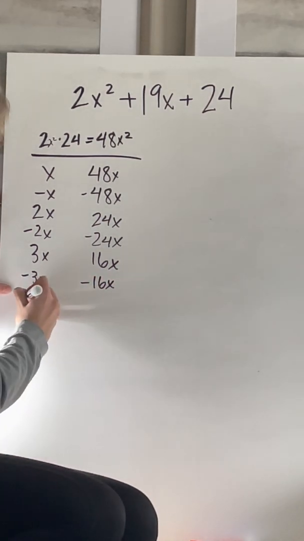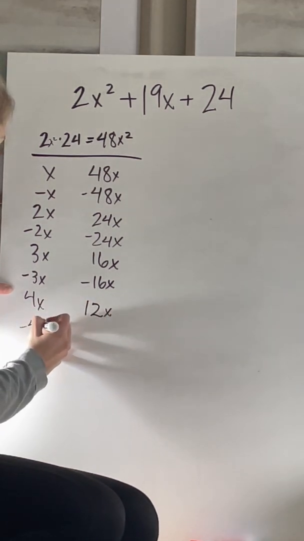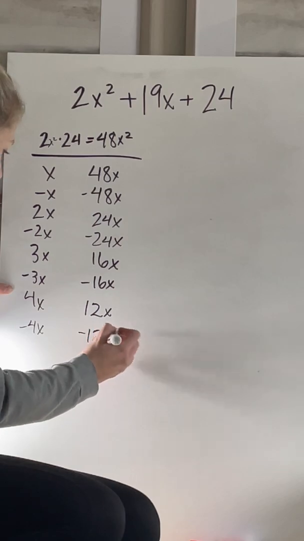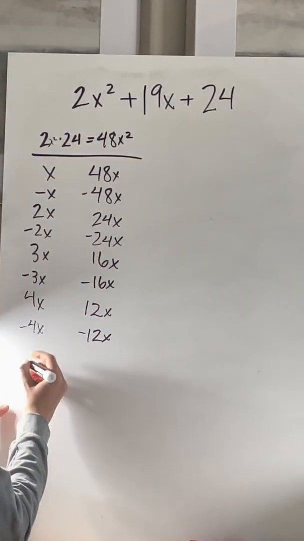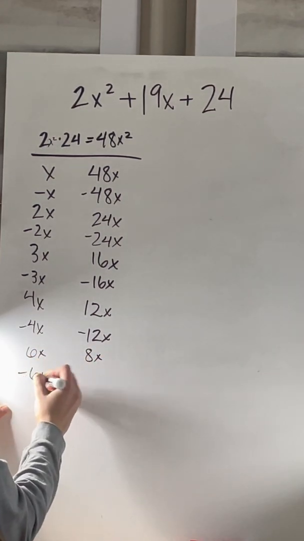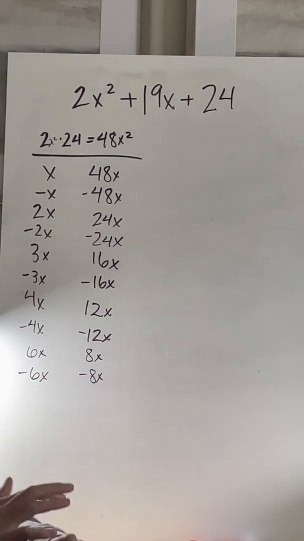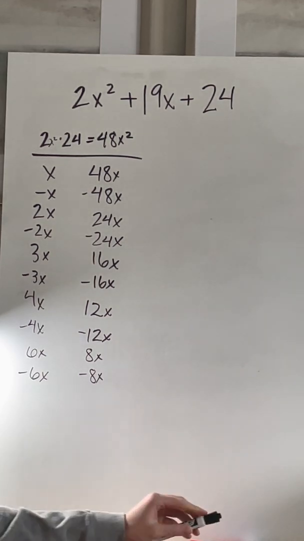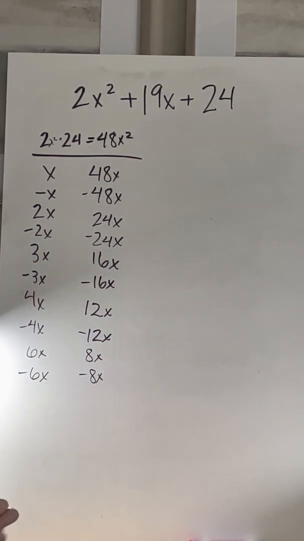Let's see, 4x times 12x, negative 4x times negative 12x. And one more, or 2 more, I guess. 6x times 8x, negative 6x times negative 8x. So see, some of these can have a lot of multiples, so it is very important that you get all of them, that way you're not missing any when we're working with our sum.